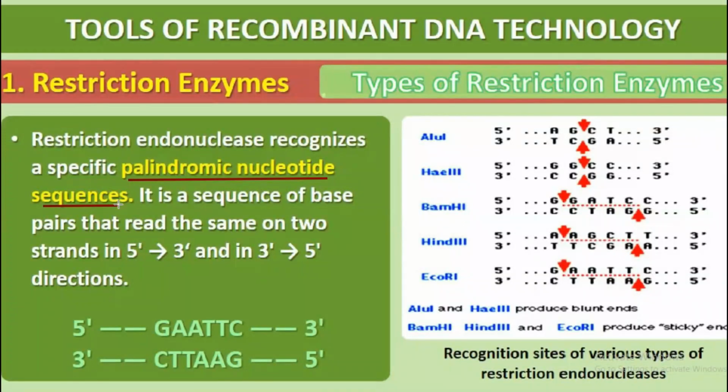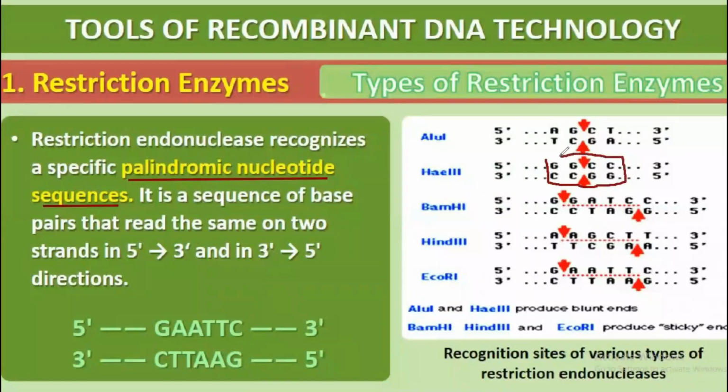So here, in this illustration, you can see 5' to 3' direction GGCC. When we read the second strand in the 5' to 3' direction, that is also the same, GGCC. Actually, that is known as palindromic nucleotide sequence.